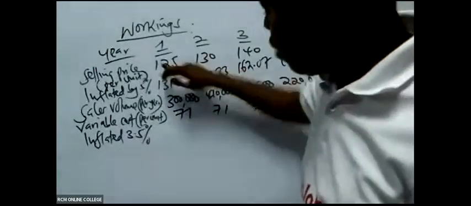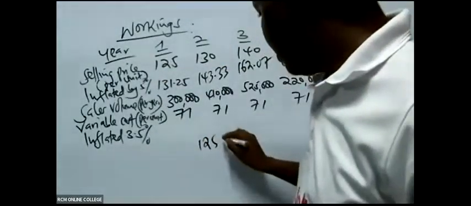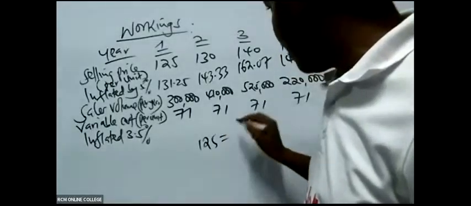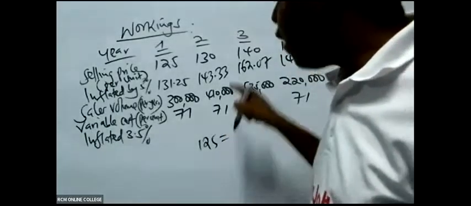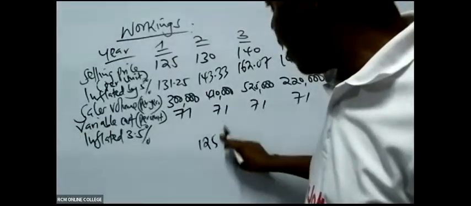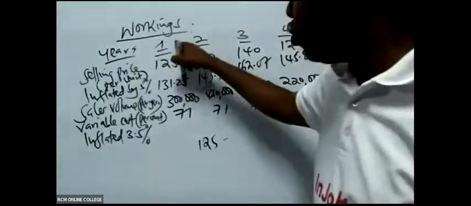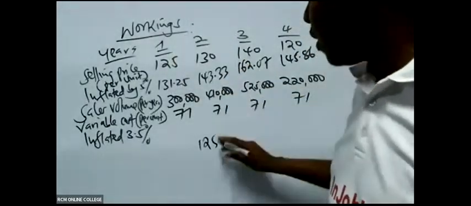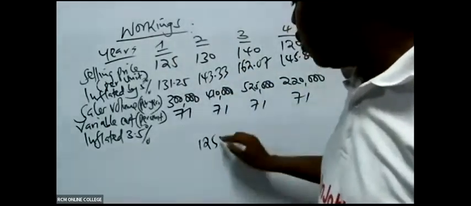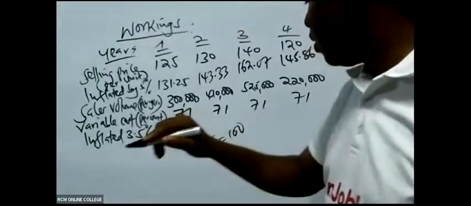So when you take 125 as 100% for year 1, remember, these are years here.